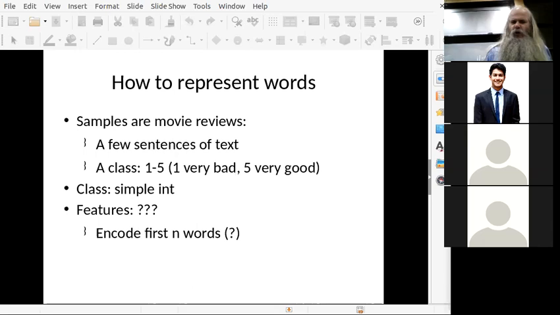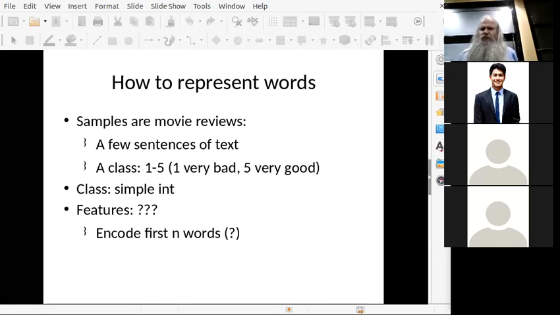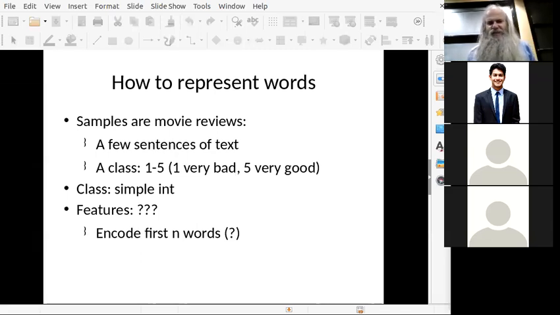Can anybody say why mapping the number of stars to an int from 1 to 5 might not be the right thing to do? So one of the things you have to be aware of when you're thinking about mapping something to a class, if you're going to do it through a range of numbers, these numbers have to mean something to each other, and the distance between these numbers sort of has to mean something.